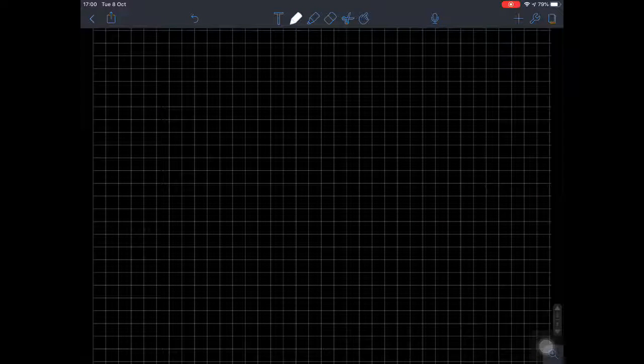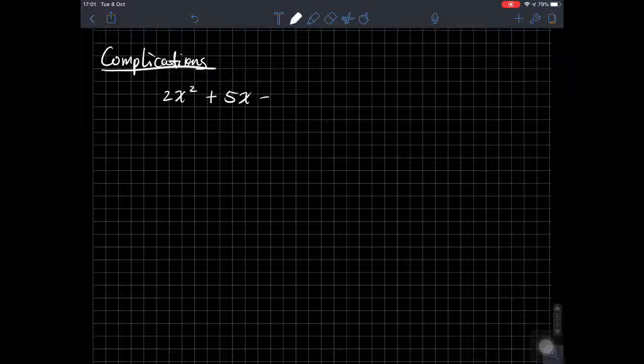And finally, some complications. What if we had 2x squared plus 5x plus 2? We have a 2 here. So our first number is 2. Our second number is 5. Our third number is 2.